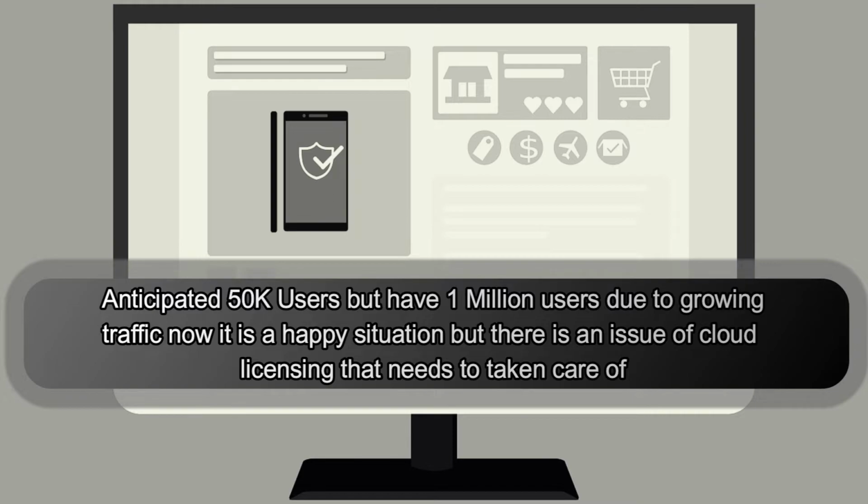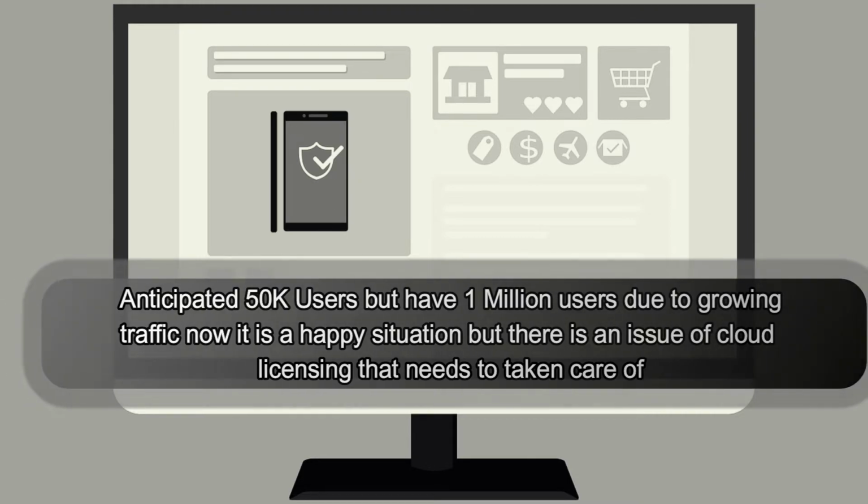It's a good scenario that your business is making money, but now you have an added risk that you have to factor for those licensing and cloud issues which were not foreseen earlier, or perhaps load balancing is not being taken care of, or the load handling and the throughput is at an issue. So positive risk, if not handled, can very soon become a negative risk also. So that needs to be looked at.